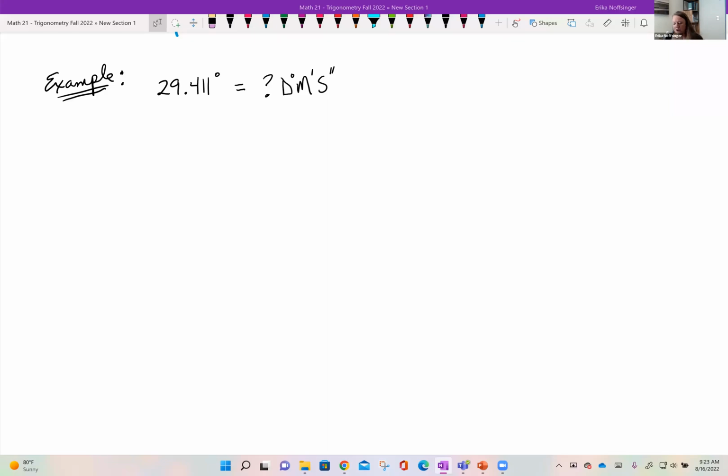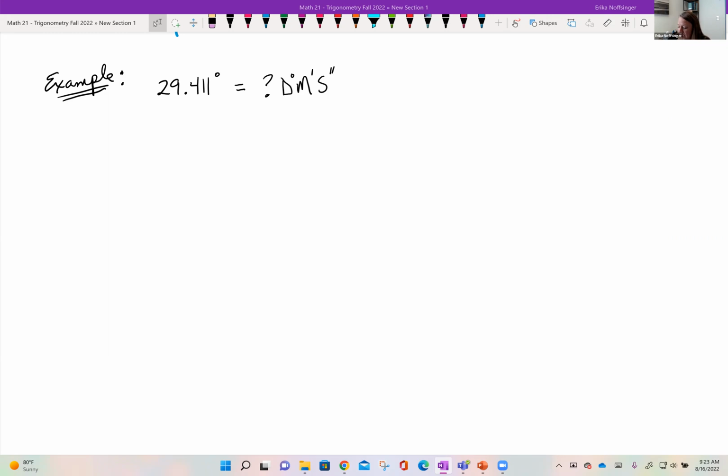Okay, so now we're going to look at 29.411 degrees, and we want to convert this into degrees, minutes, and seconds, rounding to the nearest second. We know the whole part of the degrees is 29. Now we want to figure out what the minutes are, and if we have any partial minutes, we're going to convert that partial minute into seconds.